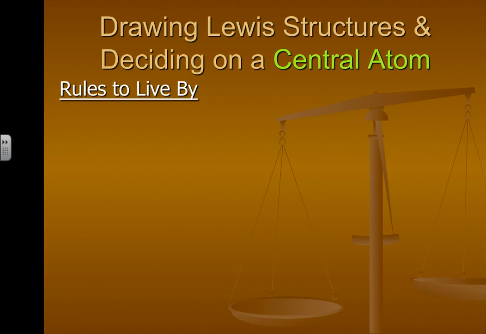And you're going to love the first rule. The first rule for deciding what to put in the center is very simple. It's carbon. If you have carbon in your chemical compound, carbon is almost always a central atom. It's in part because it's got 4 valence electrons, and so it can really attach to about anything. So if you have carbon, it's probably carbon.